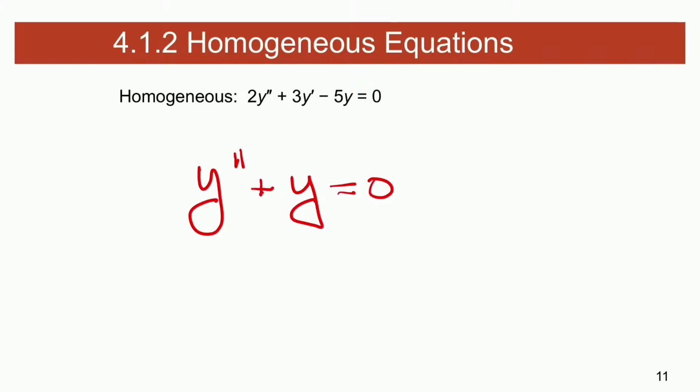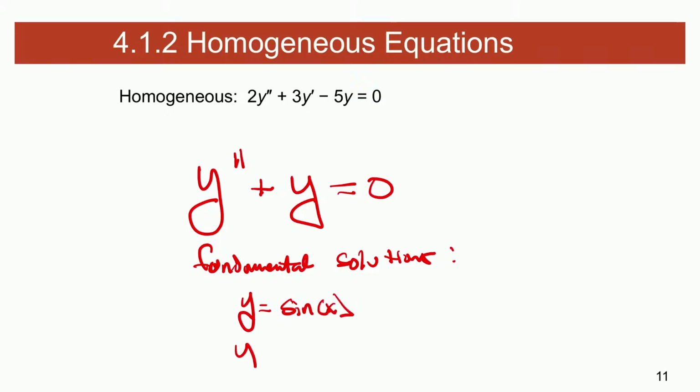This homogeneous differential equation is second order. When we try to find solutions to this, what we're going to find is that there are going to be some very special solutions that are going to be called fundamental solutions. The fundamental solutions to this are going to be y equals sine of x and y equals cosine of x.